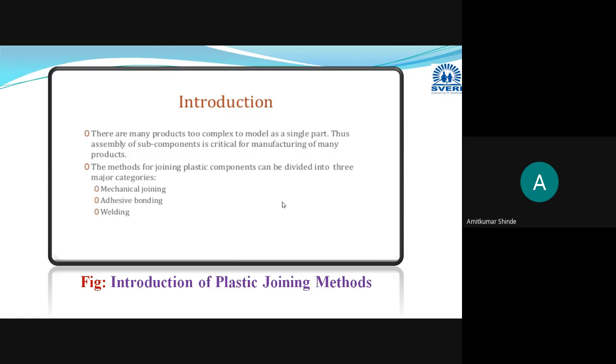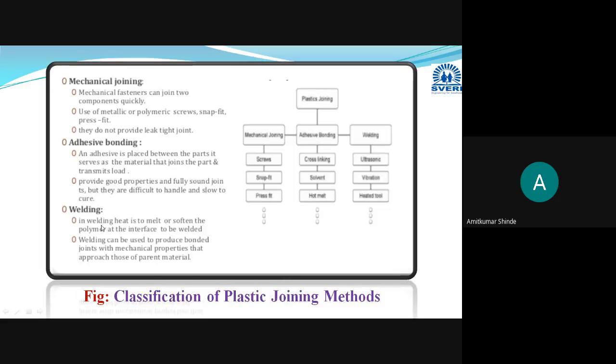Now particularly for plastic materials, you can use different joining methods. Sometimes you can go for mechanical joining, sometimes adhesive bonding, and sometimes you have to go for direct welding. What is the difference between mechanical joining, adhesive bonding and welding, I will explain in the next slide.